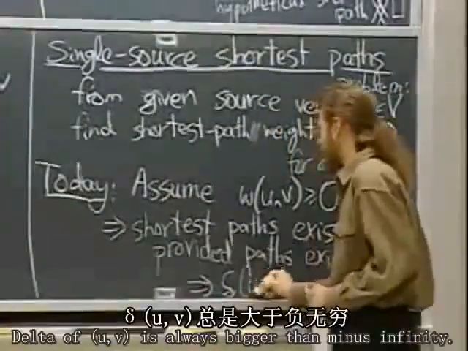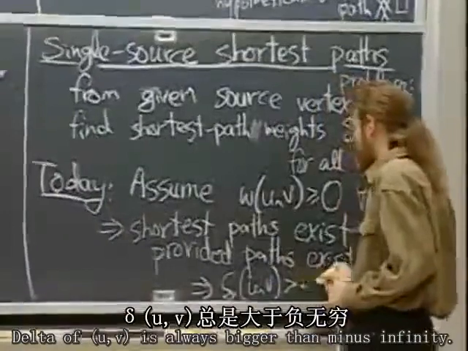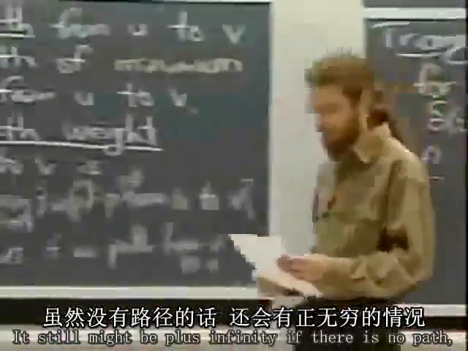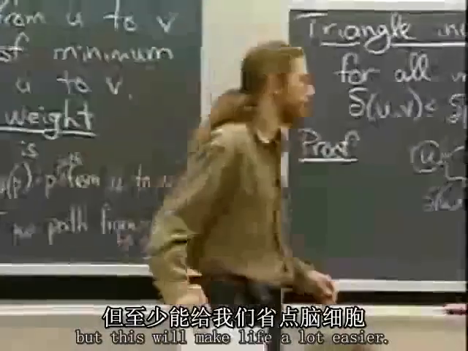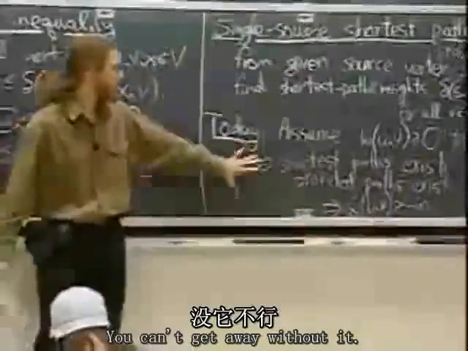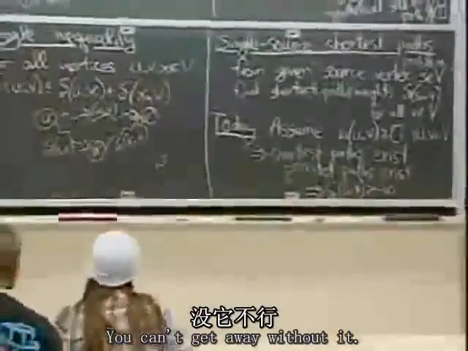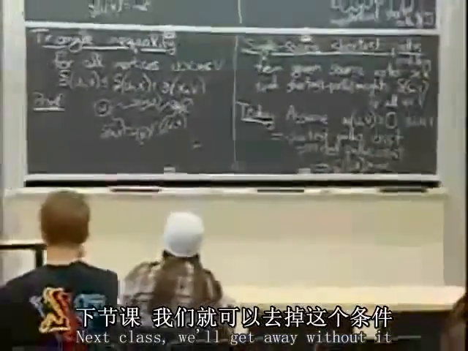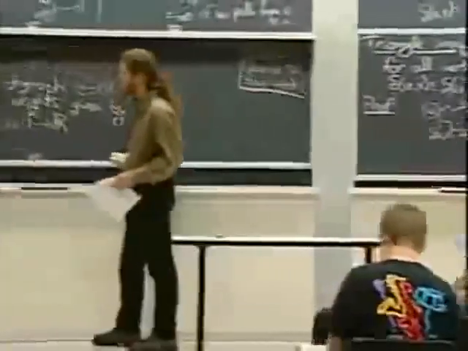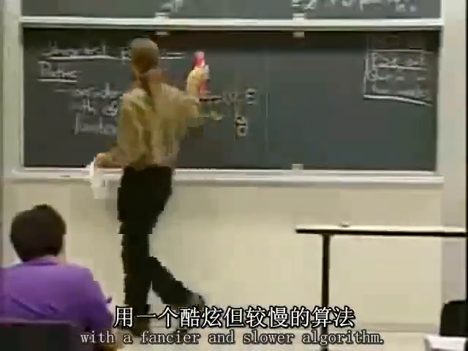Delta of UV is always bigger than minus infinity. It still might be plus infinity if there's no path, but this will make life a lot easier. The algorithm we'll cover today really requires this property. You can't get away without it. Next class we'll get away without it, with a fancier and slower algorithm.